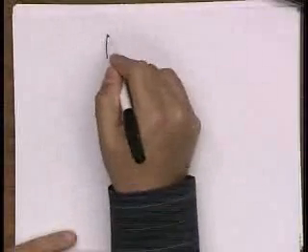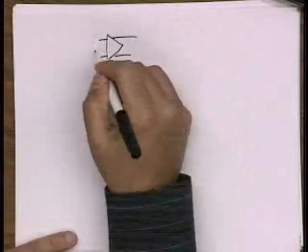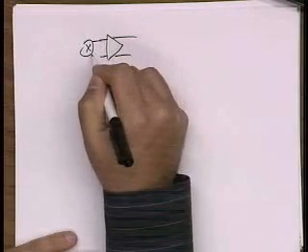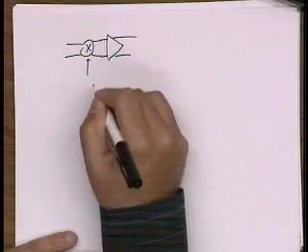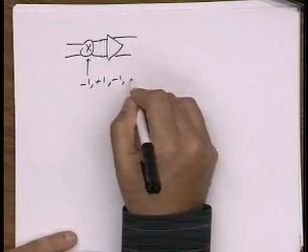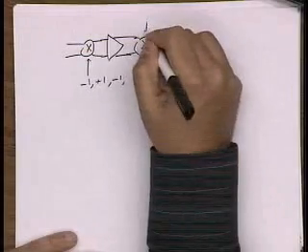Let's say that I had a fully differential amplifier. And what I'd like to do is take my input signal in differential form and multiply it by a waveform which is +1, -1, +1, -1 on the input, and also do the same thing at the output.